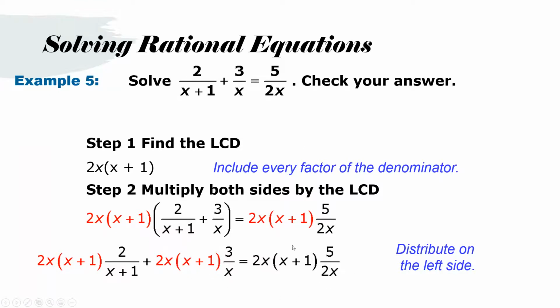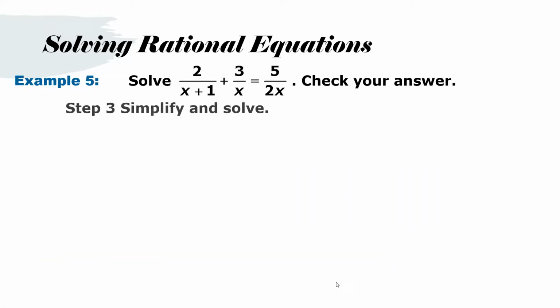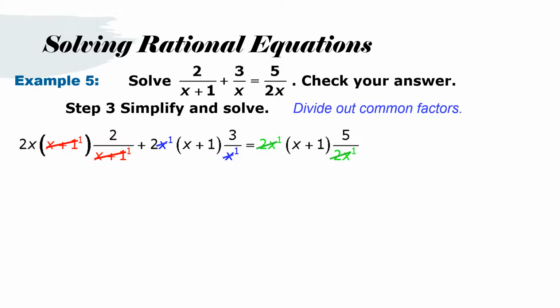Are there any common factors in the numerator and denominator? x is the common factor. What about the right side? Yes, 2x is common. So, simplify and solve. We have to divide out the common factors.